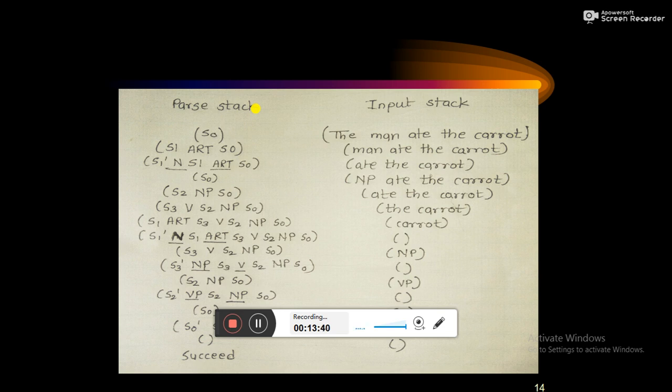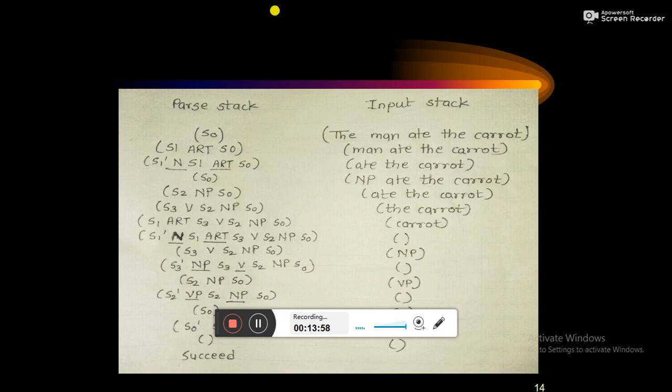If you want, you can go through that video as well, so that you will be able to understand it very clearly. I am not going to repeat the same thing again, but I'll show you the same parser applied to natural language processing.